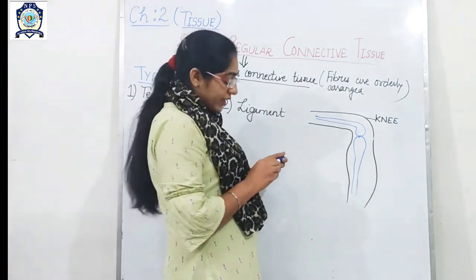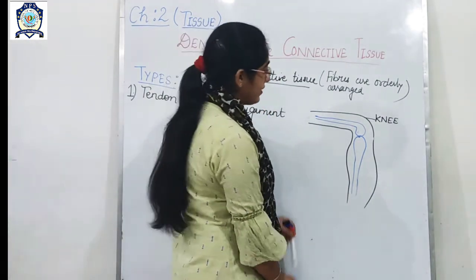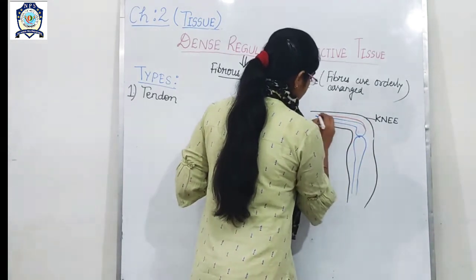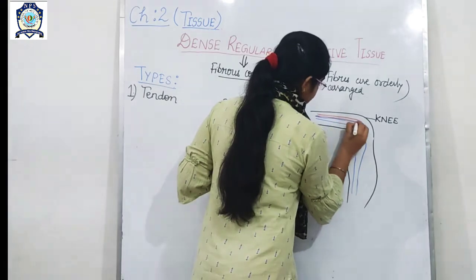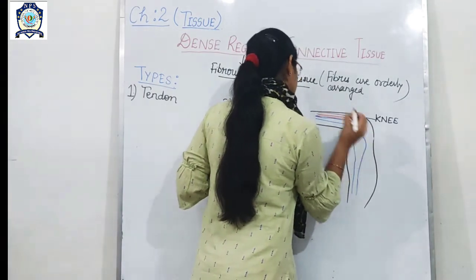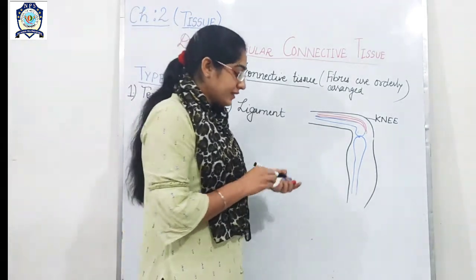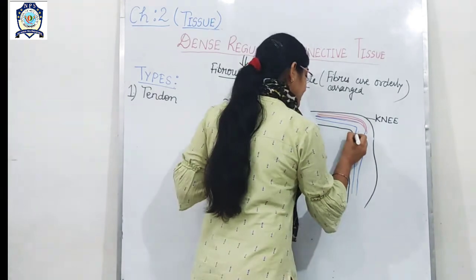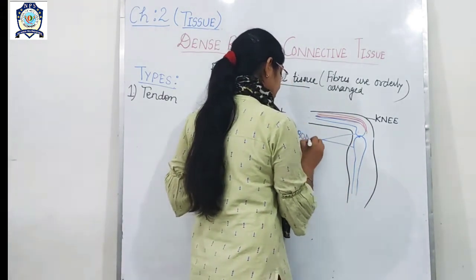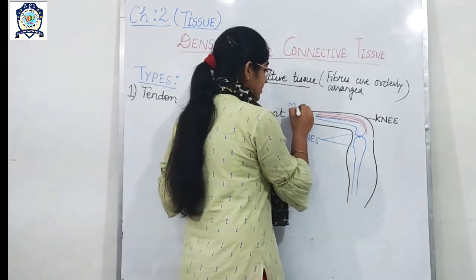Also, students, there are fibers present. So these are the fibers. Here I am going to label it. These are the two bones. This is muscle.